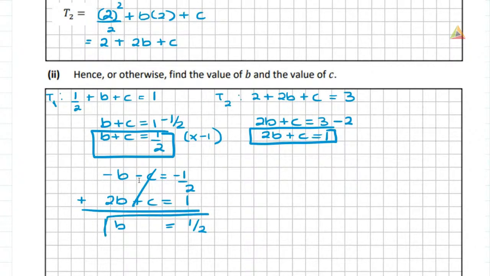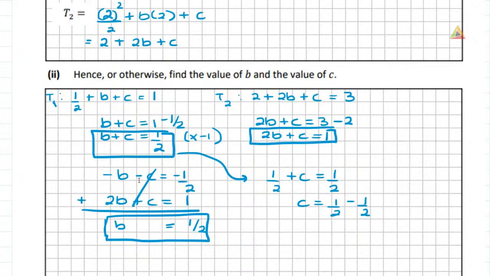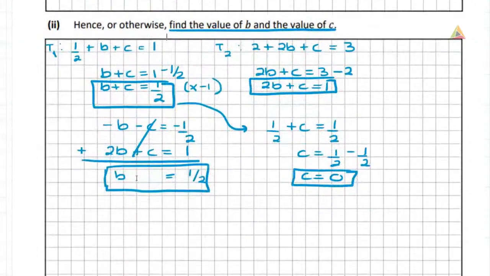So we've solved for b and we got an answer of a half, and we substitute that back in. When we substitute it back in, I'm going to say a half plus c is equal to a half. So I'm going to subtract a half from both sides, and that gives me that c is equal to 0. And that's all that it asked me to do in this case, find the value of b and the value of c, but sometimes it asks me to write my general formula.